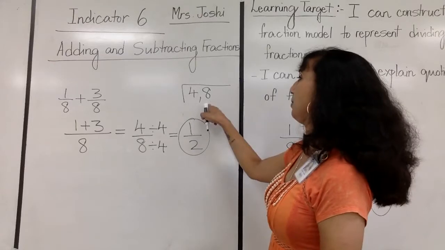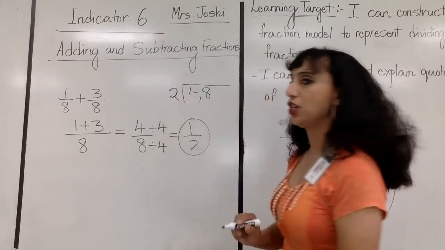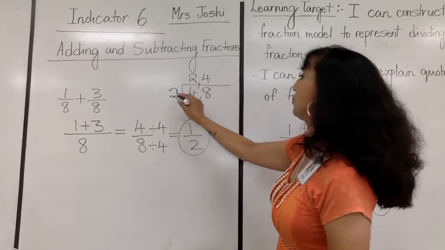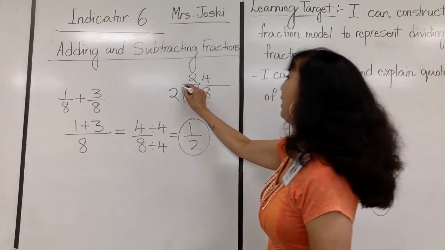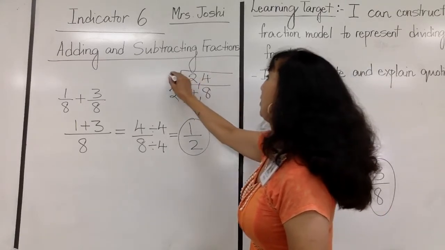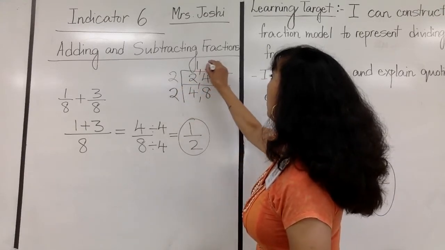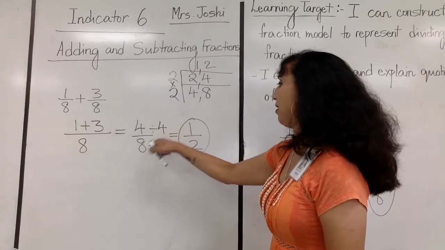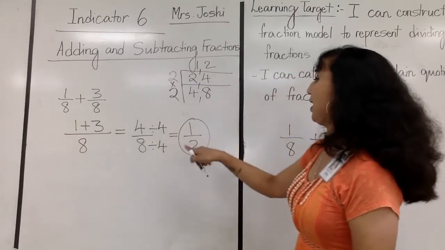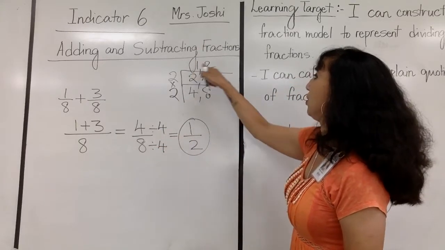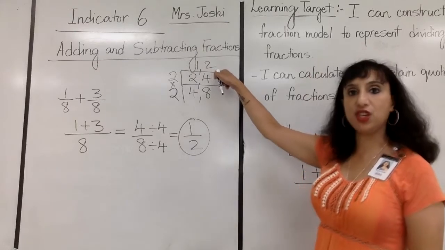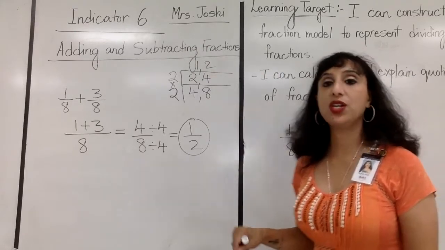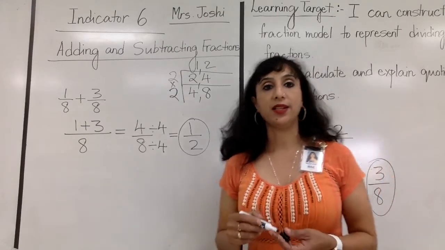And I can see both are even numbers, so divide by 2, and I get 2 and 4, because 2 times 2 is 4, 4 times 2 is 8, and then again both are even numbers, so 2, and I get 1, and I get 2 here. So basically, what was I doing? I was simplifying by 4, just like this, and I ended up with 1/2. So look, the simplest version is up here. So this is a really cool way for you to simplify, also using the GCF method.